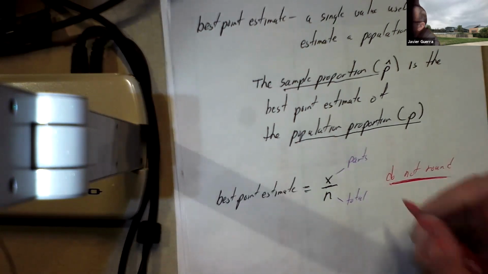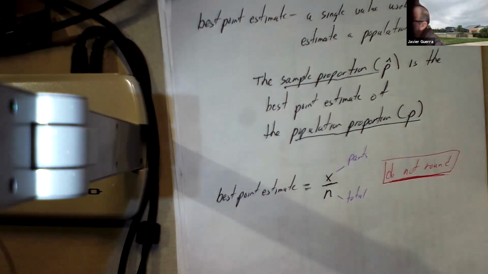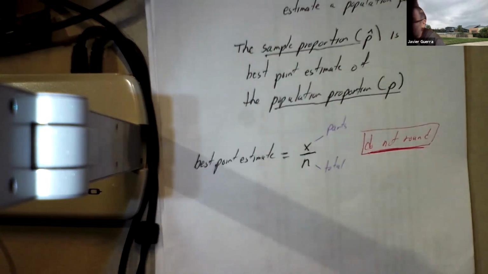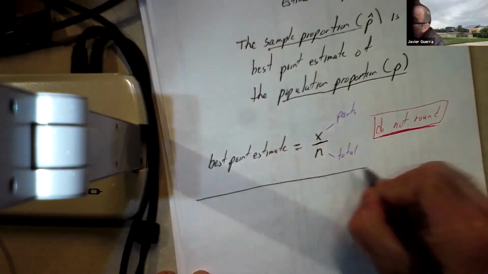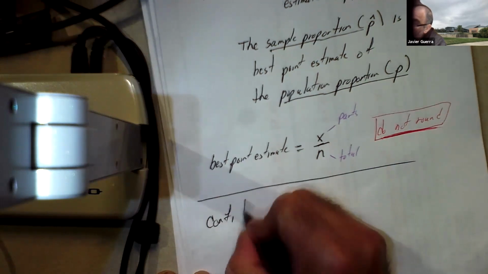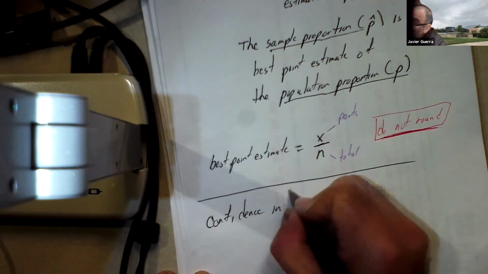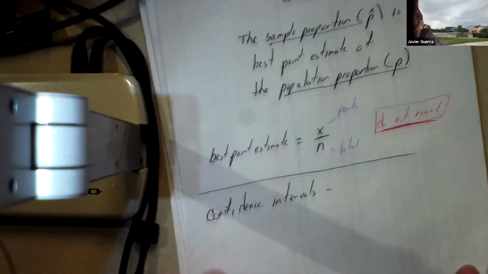So in order for us to get the actual percentages, again, they're estimates. They're not set in stone. They're just estimates. What we do is we create these things called confidence intervals. Right. So what are confidence intervals?